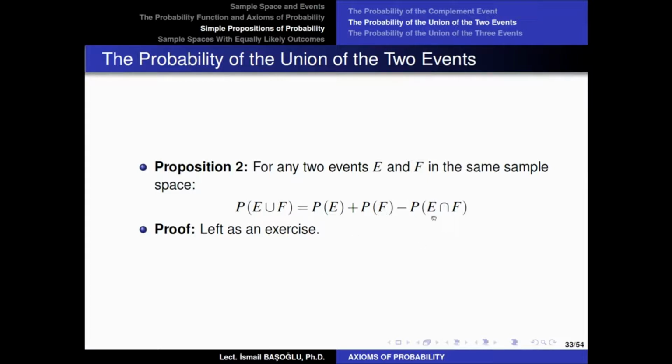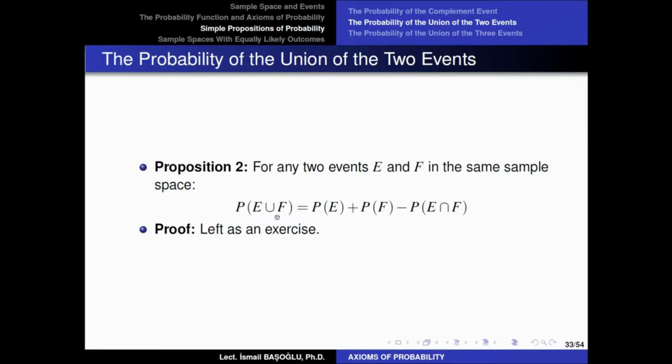Then, because you have put the common elements twice, you remove one of these common elements. Or if you want to count the number of elements in the union set, you sum up the number of elements in the first set with the number of elements in the second set. However, because you are counting the elements in the intersection twice, you need to subtract the number of elements in the intersection once, right?